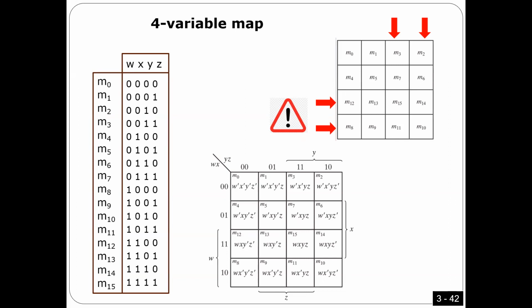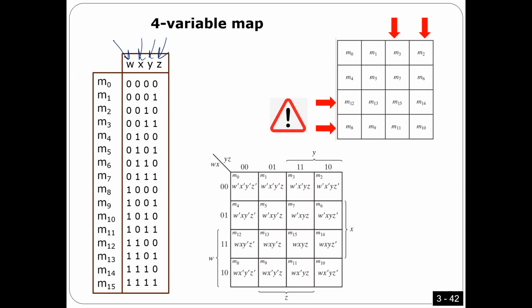So let's look at how it works here if you have 4 variables. I'm going to call them W, X, Y, Z. Is that okay? So now, if I do it this way, Z is the least significant and W is the most significant.